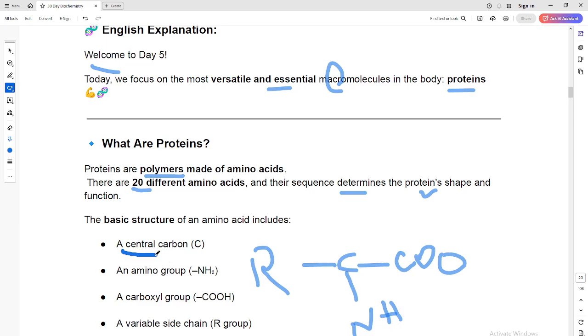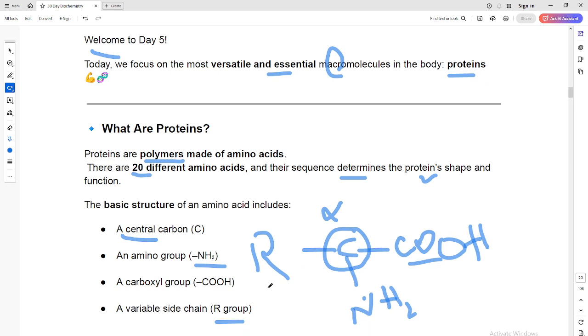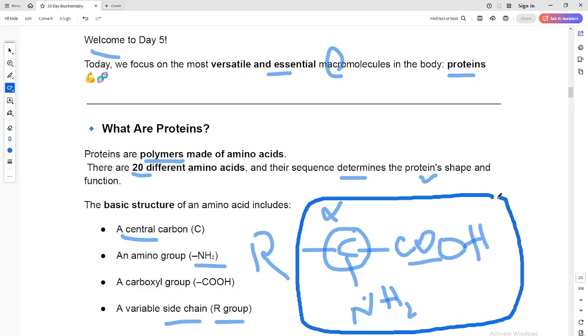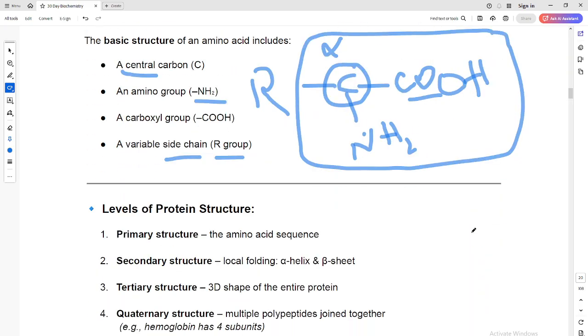We have a central carbon called alpha carbon because it is the first carbon after the main carboxylic group, and the amino group is linked to this alpha carbon. The residual of the molecule is called the R group, or side chain, which is variable between the amino acids, but this other part is the common part between the amino acids.